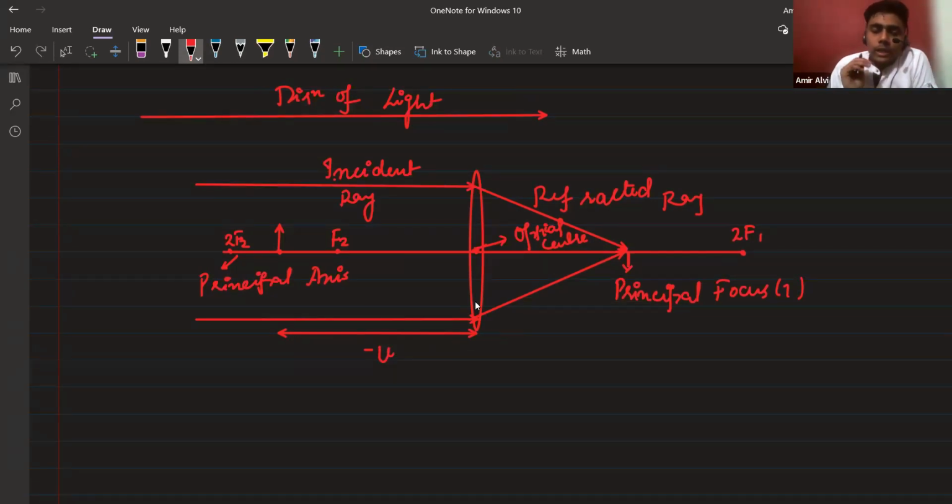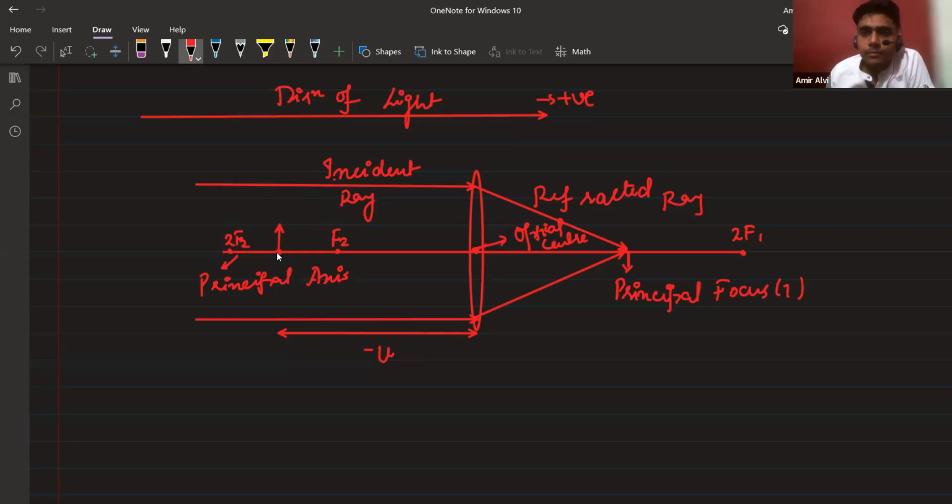Let me give you one more thing. We always measure distance from the optical center for lenses, and from the pole for mirrors. The direction of light is taken as positive. If I am moving in the direction opposite to the light to measure the object distance, it would be negative.